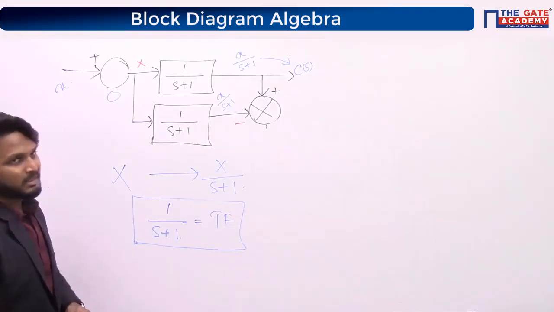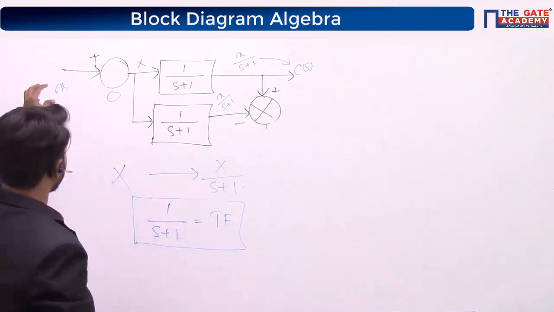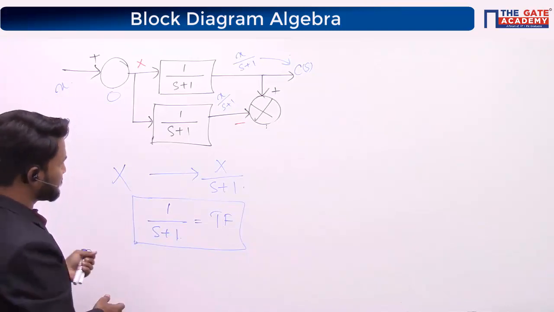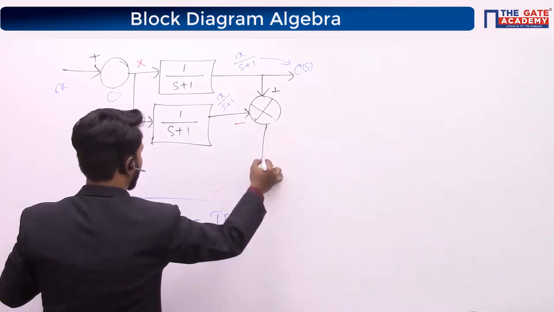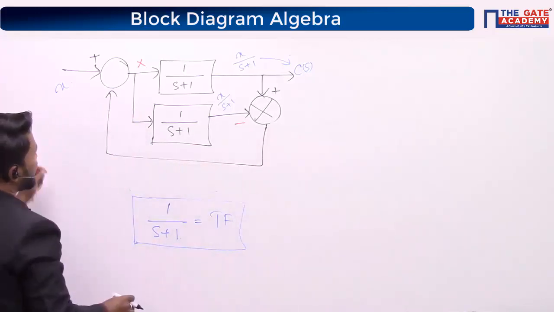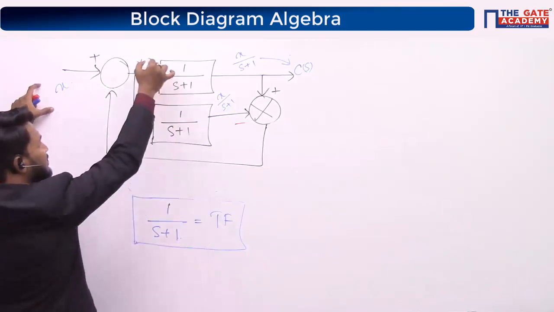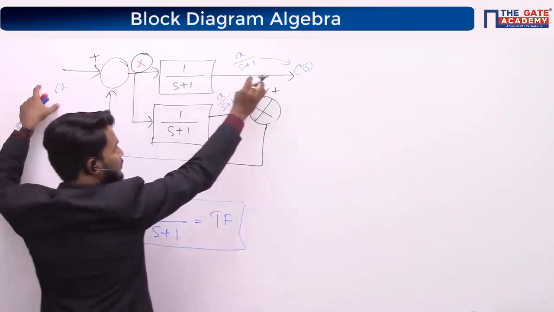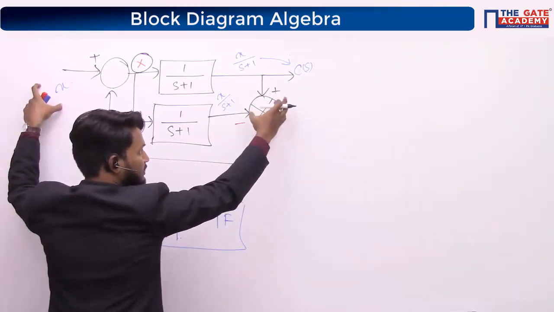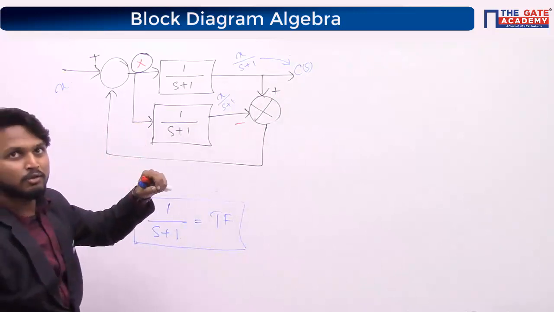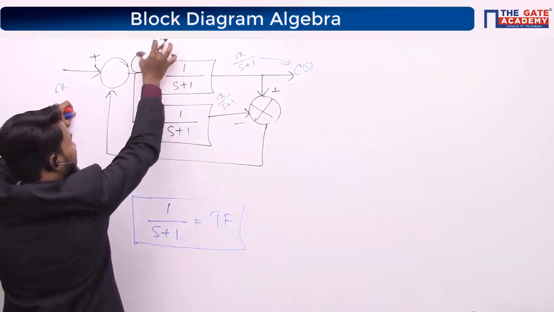So see, just use that smartness here. If you put X here directly, when you have this feedback path present, in order to calculate the signal you are getting here, you should have the knowledge of the output also. So using my brain, what I'm doing is taking some random signal here.